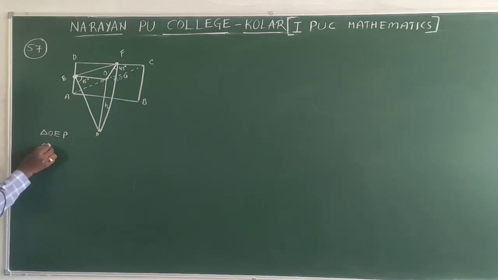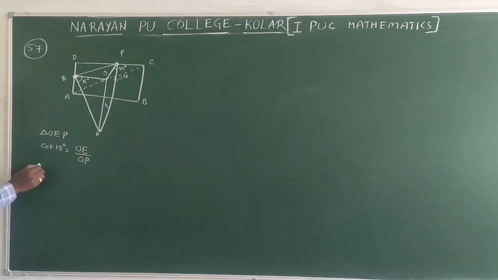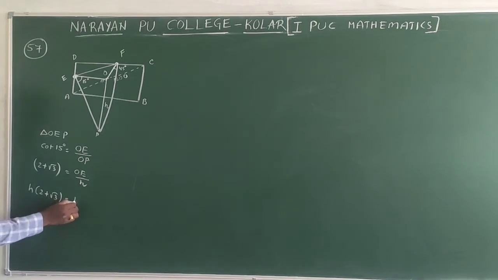Now, I can take the triangle OEP. I am finding cot 15. See, the cot formula is adjacent side by opposite side. Adjacent side is OE by OP. Now cot 15 is nothing but 2 plus root 3 equals OE by H. Now here H into 2 plus root 3 is equal to OE.